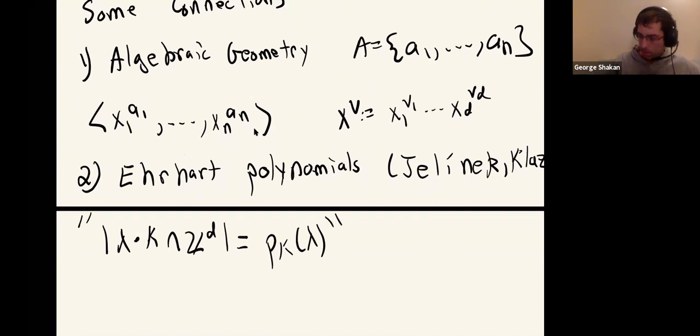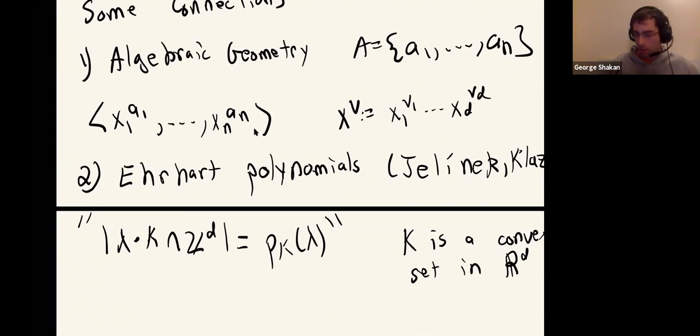So here K is, say, a convex set. Ehrhart theory helps you count the number of lattice points inside a dilation of a convex body, and in this case as well you get some sort of polynomial behavior.